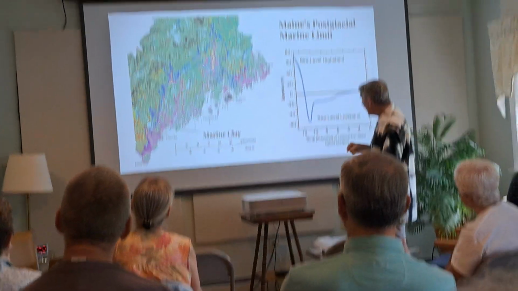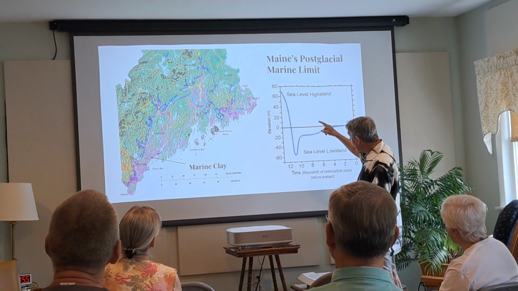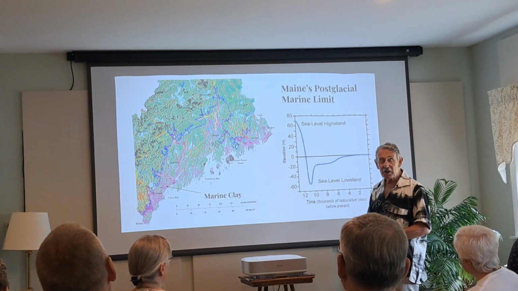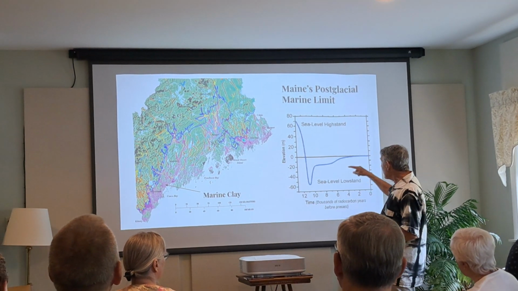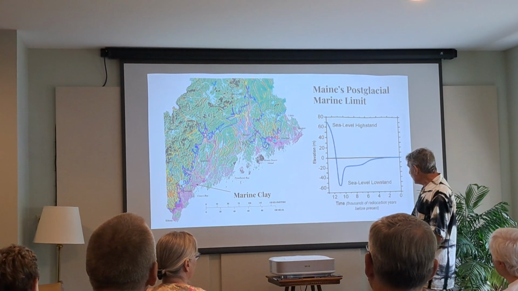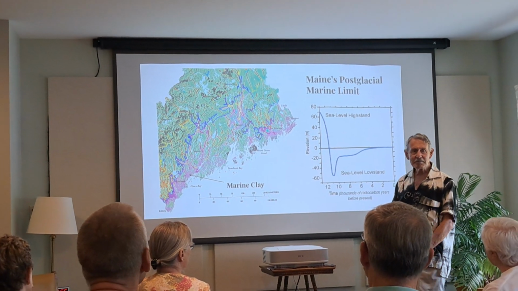Wow. And then in a couple of thousand years, it dropped down to below current sea level, and then came up again, and it's been about where it is now for a couple of thousand years.